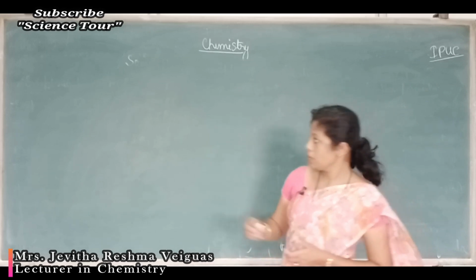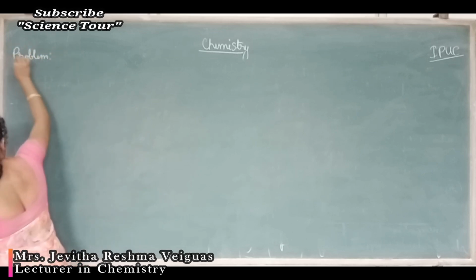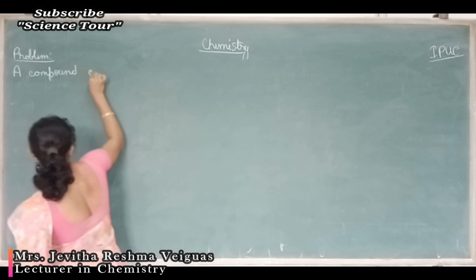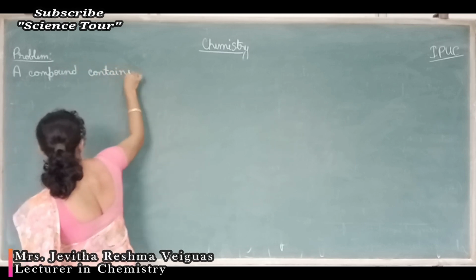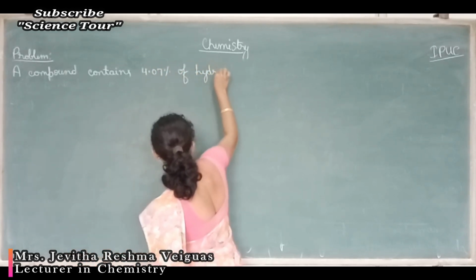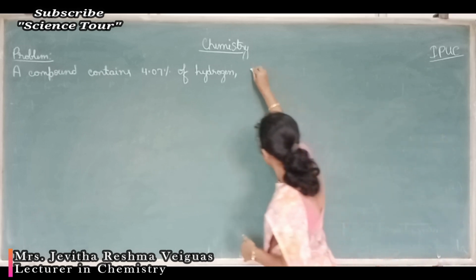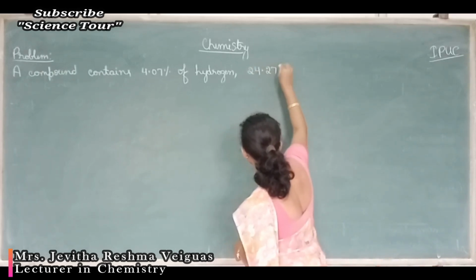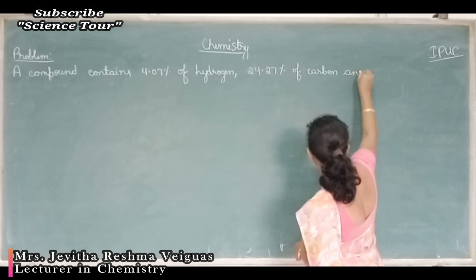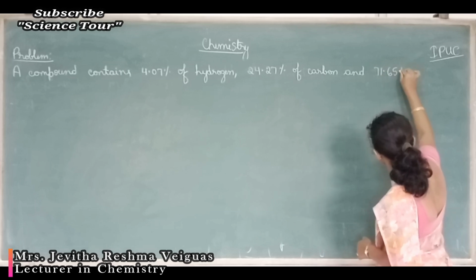The problem given is: a compound contains 4.07% of hydrogen, 24.27% of carbon, and the remaining 71.65% of chlorine.